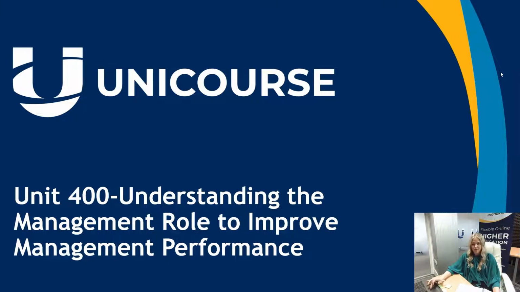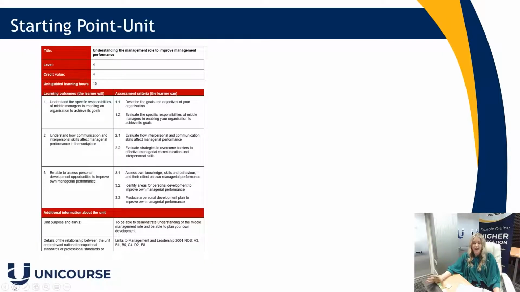So what I aim to do in this session today is break down the elements of this unit and be able to give you some hints and tips on how to complete the assignments. Okay, so the starting point for the unit would be to enter Moodle, the unit choice on Unit 400, and open your unit specification.